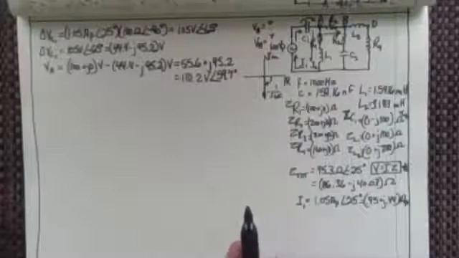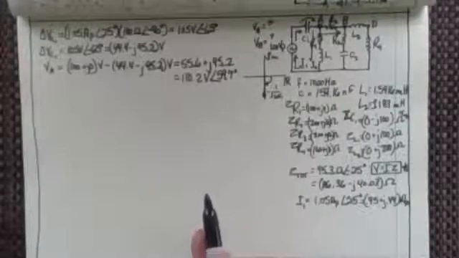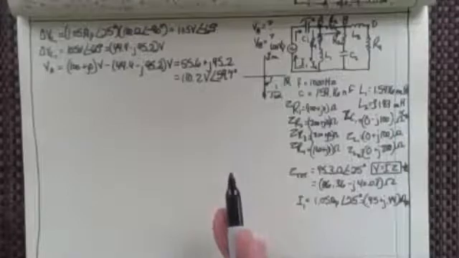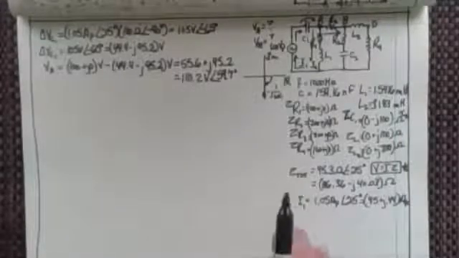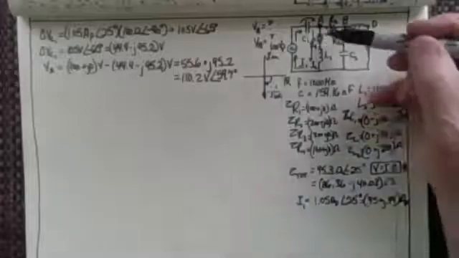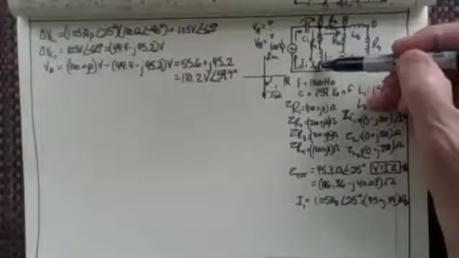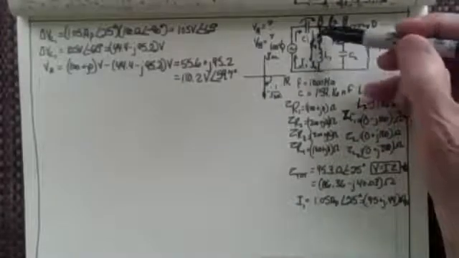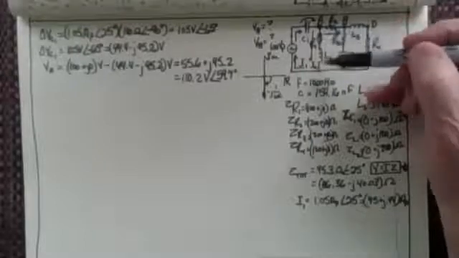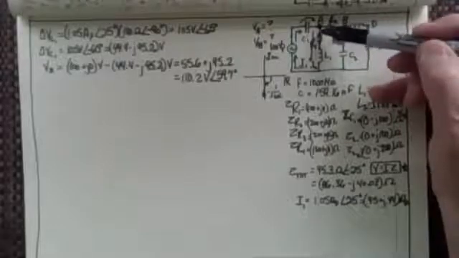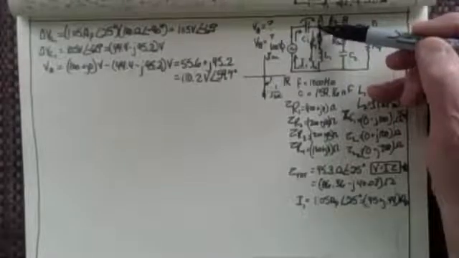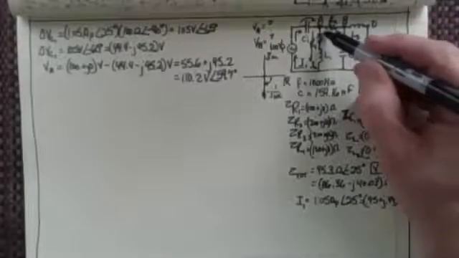Now, the way I want to look at this is a check. This is where I want to check and see if everything that I'm doing really is right. I can actually figure out the current that's flowing through R1. I can figure it out one of 2 ways. Now that I know that voltage at A, I can take the voltage at A and find the voltage drop down here.